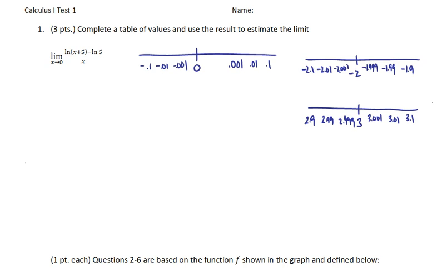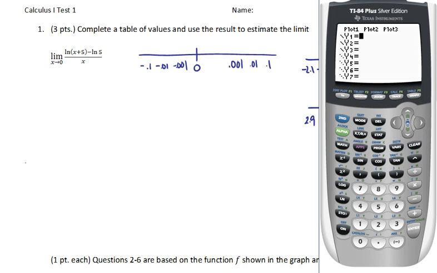So we're going to bring up the graphing calculator, and we want to enter natural log of x plus 5, close parentheses, minus the natural log of 5. Now this whole expression has to be in parentheses.